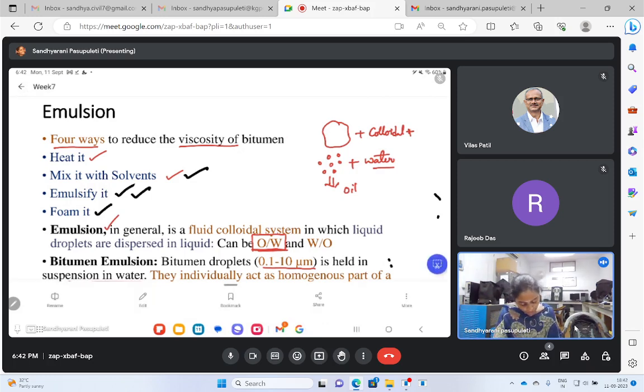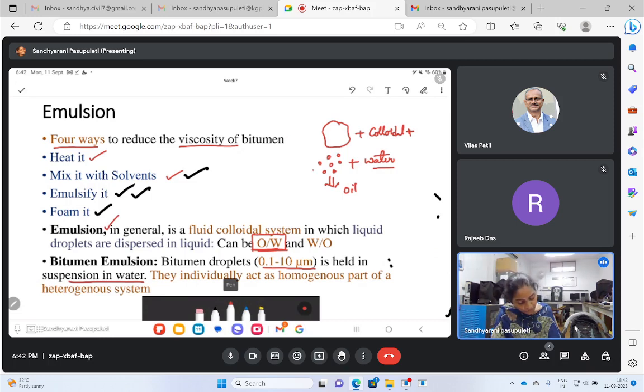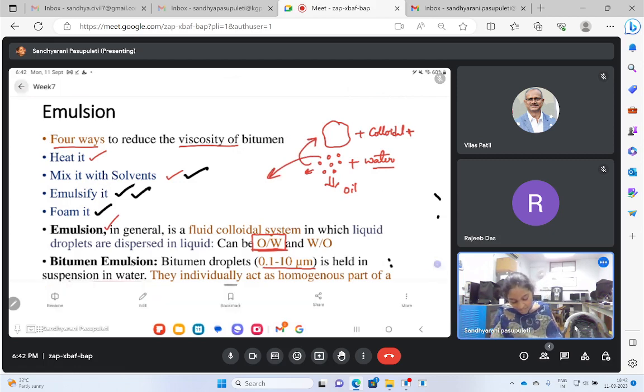Let us say I have used this colloidal mill and made small particles that are dispersed in water. How can I say confidently that these particles will not come closer again? There should be some external force keeping these small bituminous particles like this. Otherwise, after some amount of time, these small bituminous particles will come close to each other and again become a single very stiff bituminous mass. So in order to keep these small globules suspended, we need to provide some external energy.